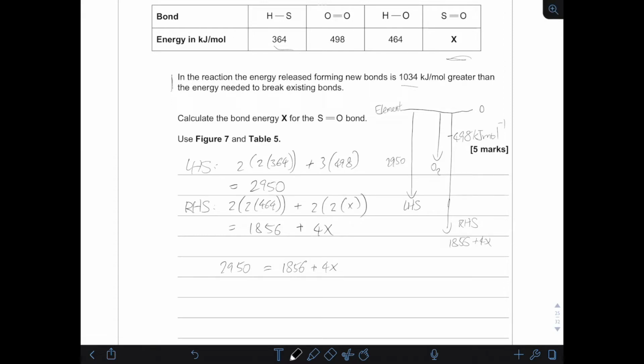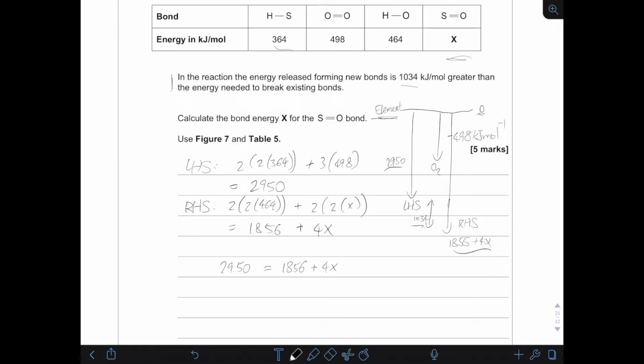The difference between these two is 1034 kilojoules per mole, which means that in absolute units it's 2950 plus 1034 equals 1856 plus 4x, which is kind of counterintuitive, but that's just because the definition of elements is 0.